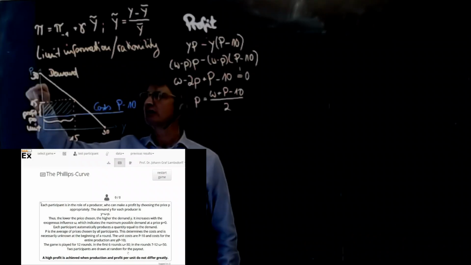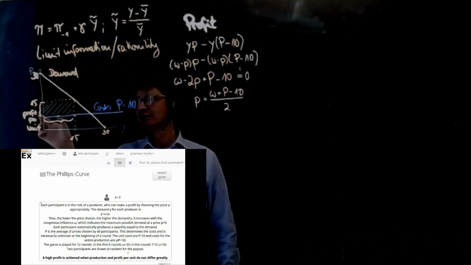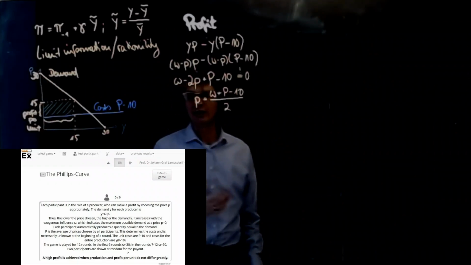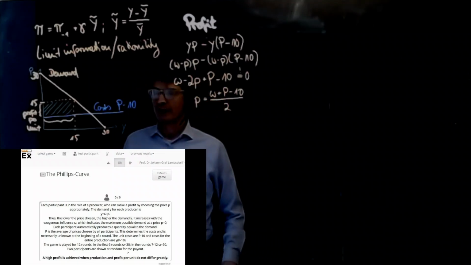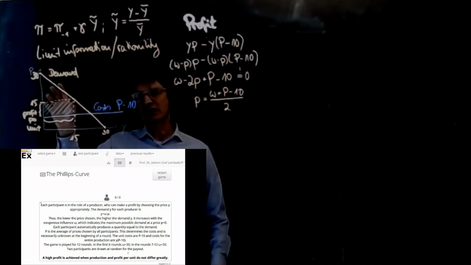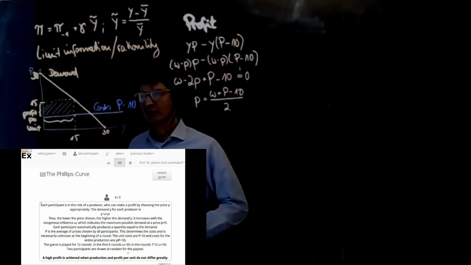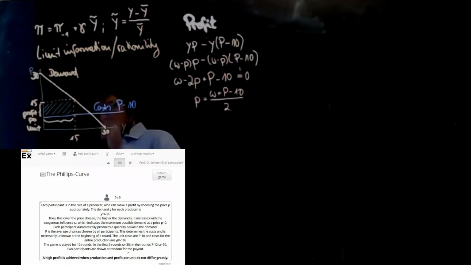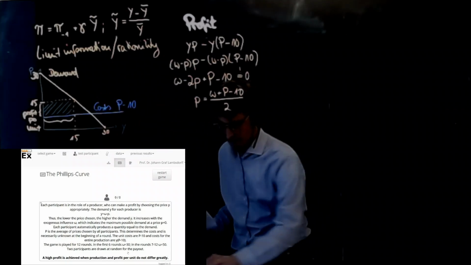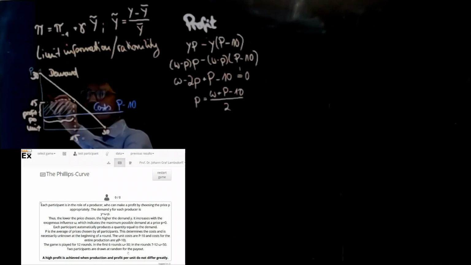Or assume that we take a price that is extremely high, then we have a rectangle that is rather flat here. And again, this would not be optimal. Rather, the optimal shape for the rectangle is to be a quadratic form. So it should look maybe like this. Okay?